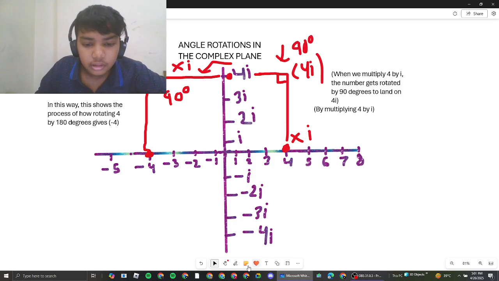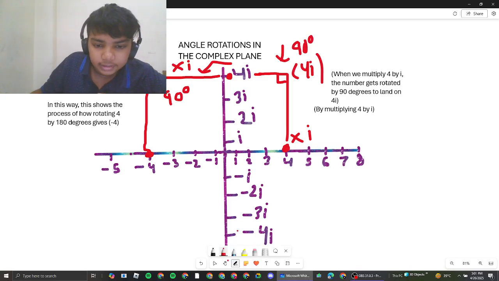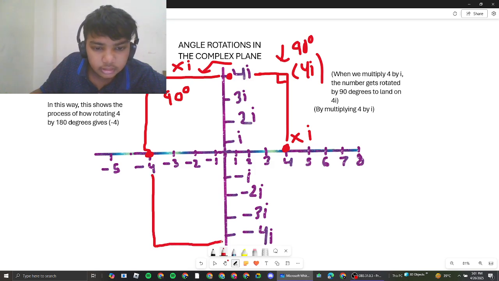Now just suppose I multiply this by i again. If I multiply this by i again, I would land on this. And look here, I got another 90-degree angle.